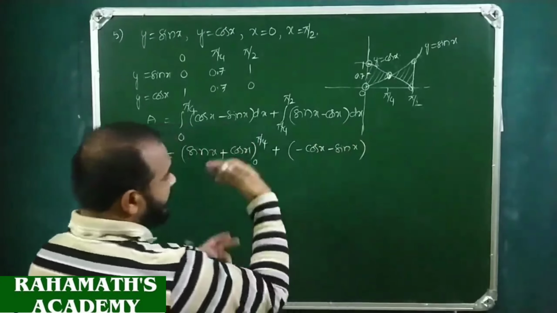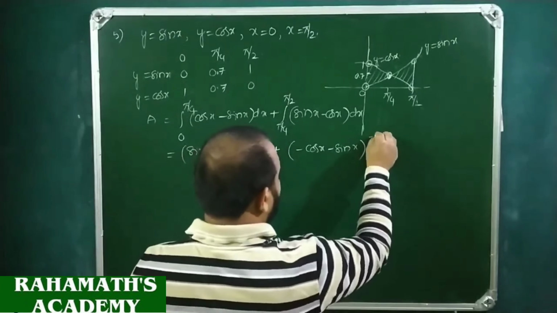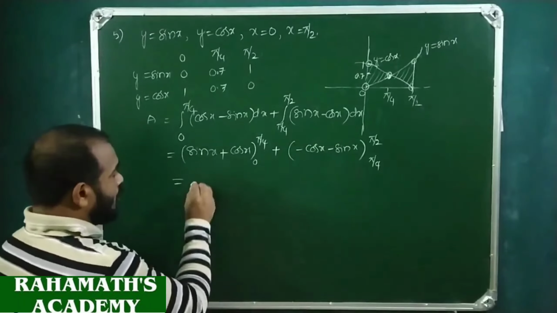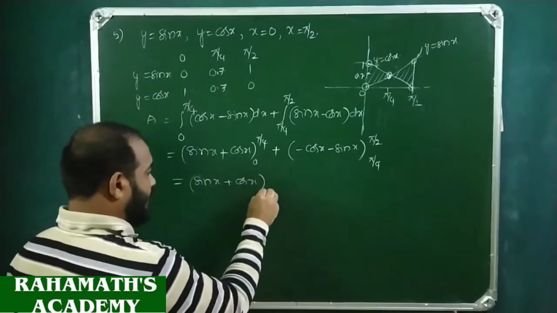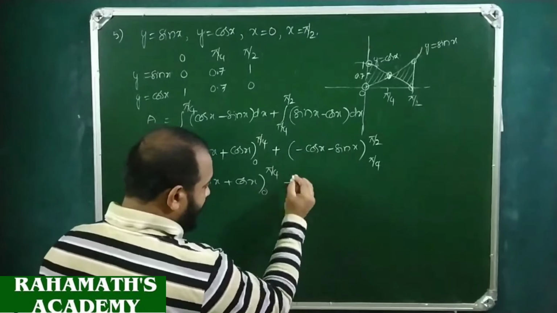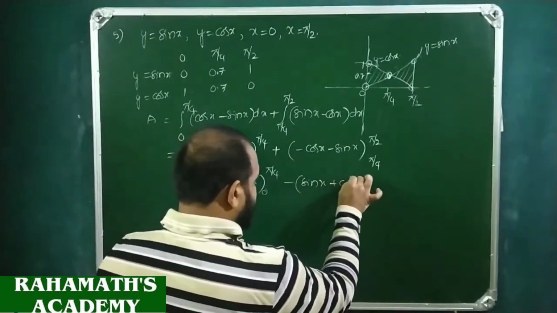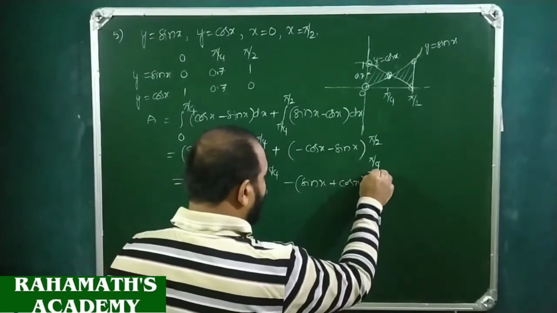The process of integration is over, pi by 4 to pi by 2. This is equal to sin x plus cos x, whole, 0 to pi by 4. In the second, if I take minus in common, then this is sin x plus cos x, whole, pi by 4 to pi by 2.